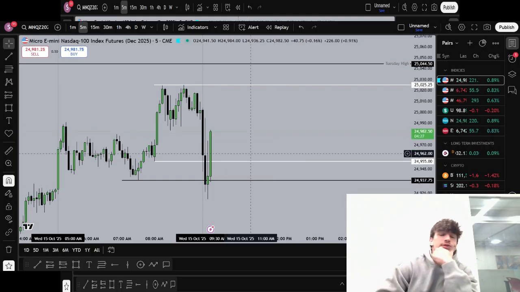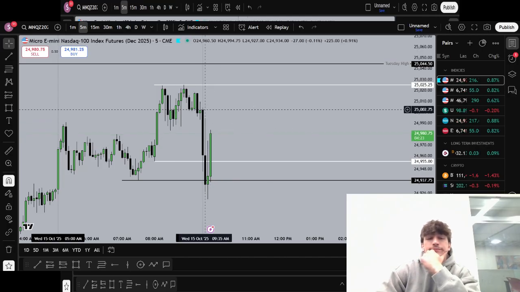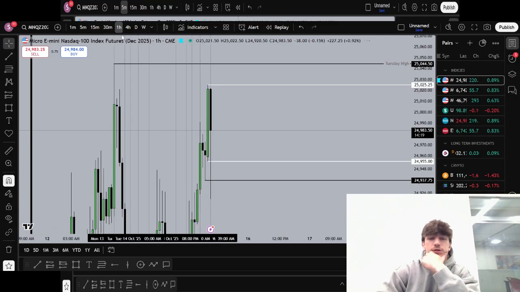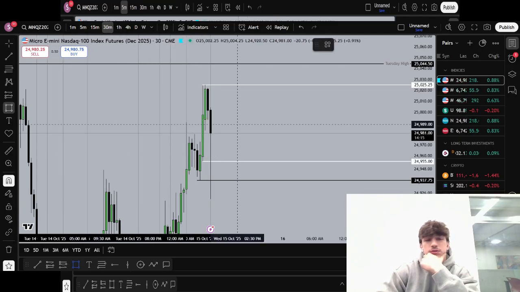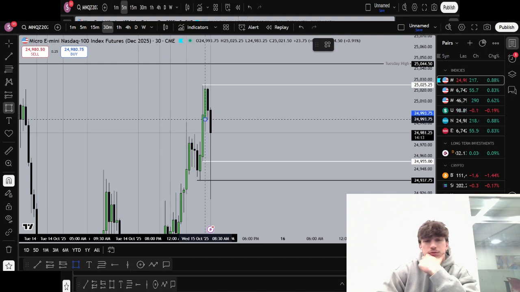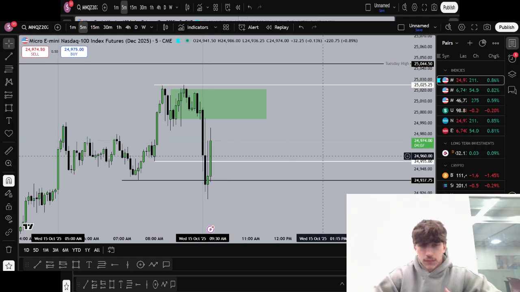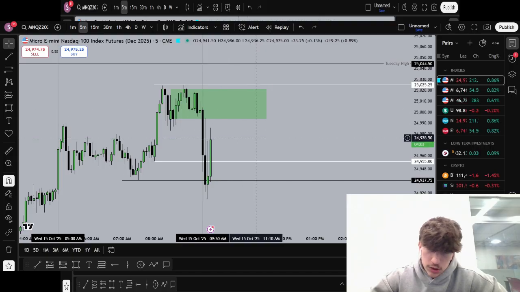Now we wait. What we're looking for, we want to see NASDAQ come back up into this range. I can mark it out, 30 minutes. We got this order block. So we wait for price to trade back up and put in a down candle.